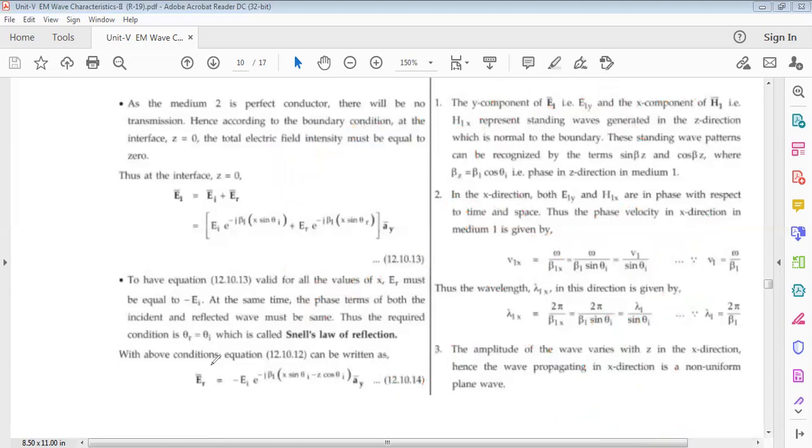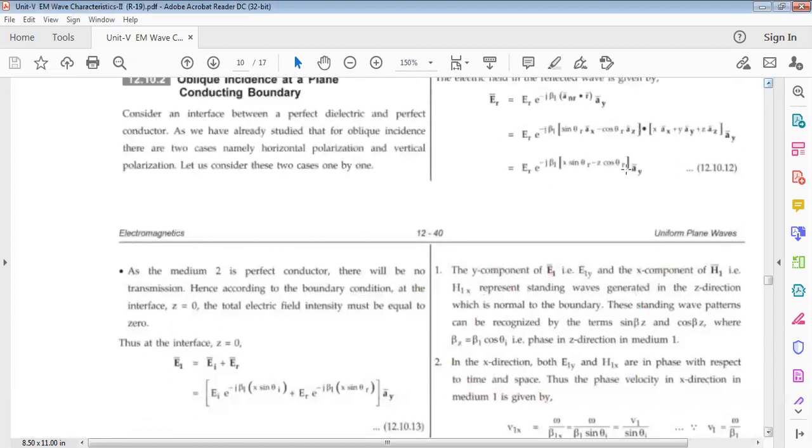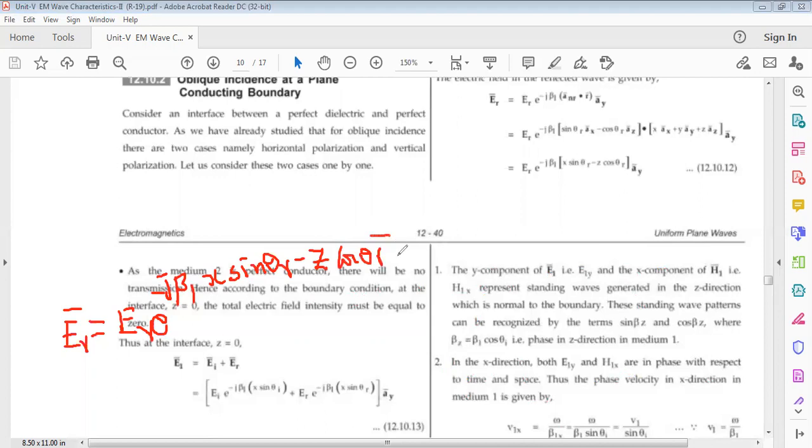Then take the E_R function. What is E_R equal to? In the last class, we derived that E_R bar is equal to E_R, the coefficient, e power minus j beta 1 (x sine theta R minus z cos theta R) into a_y bar.